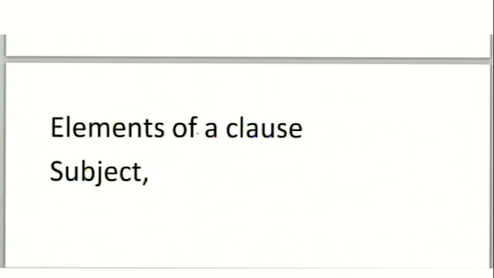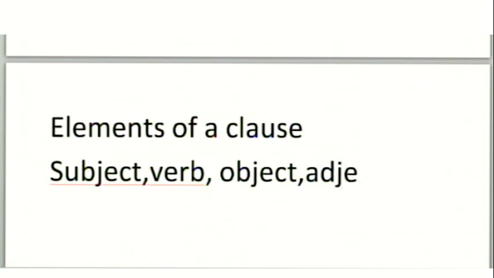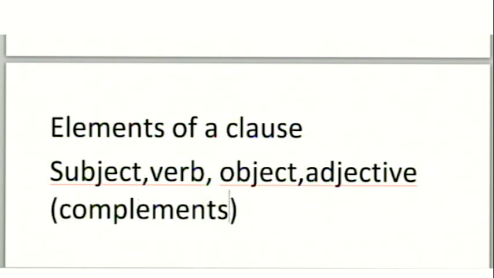So from our examples, we know that the clause is made up of a subject, a verb, an object, but it doesn't end there. It is also made up of adjectives, which we call complements, and it is made up of adverbials as well.